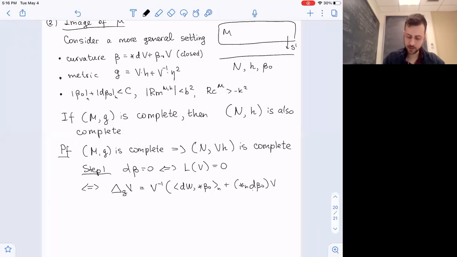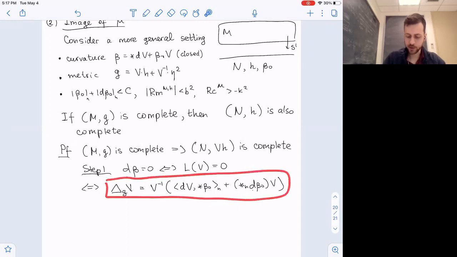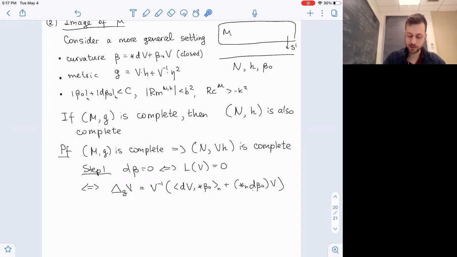So the exact form is not really important. Sorry, W is V. Basically, on your complete four-manifold M, V solves an equation like this. It's almost like the Laplace equation, but it has this a bit nasty term on the right. But it turns out in the end that it's not that bad.